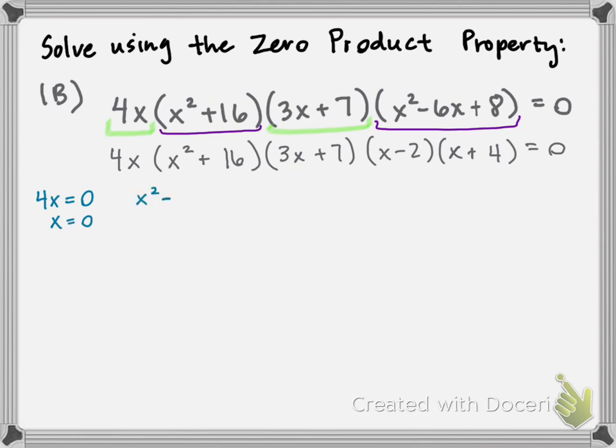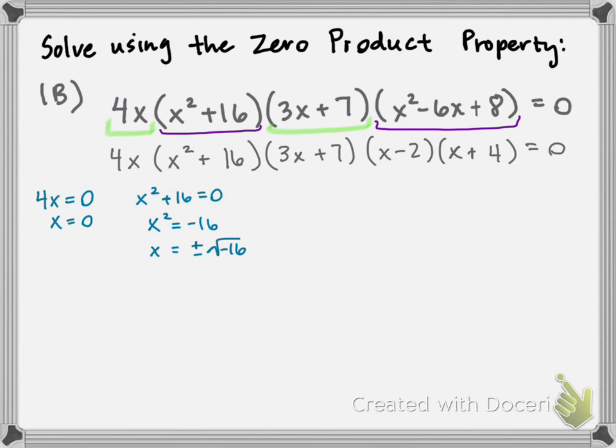x squared plus 16 equals 0 when x squared equals negative 16. Now, to solve this, wouldn't I have to then square root both sides? Well, I square root x squared and I'd get x equals the plus or minus of the square root of negative 16.